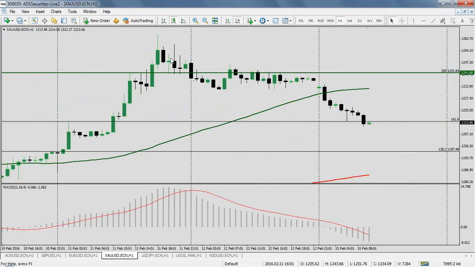Gold, if you remember, we were also discussing last week that gold has a resistance level at 1,241, although a kind of rally took it above the 1,241 level. Nonetheless, we saw that level acting once again as a good resistance level.